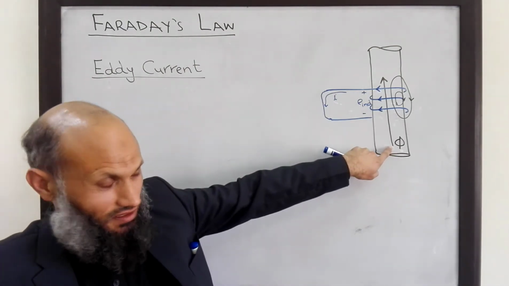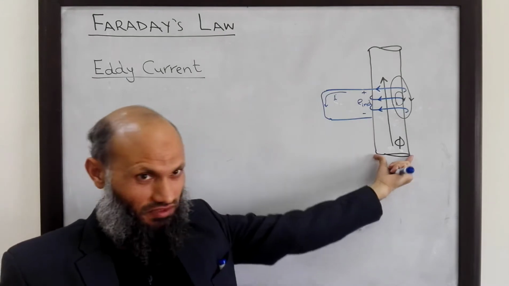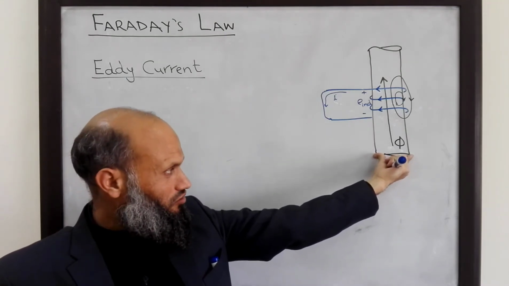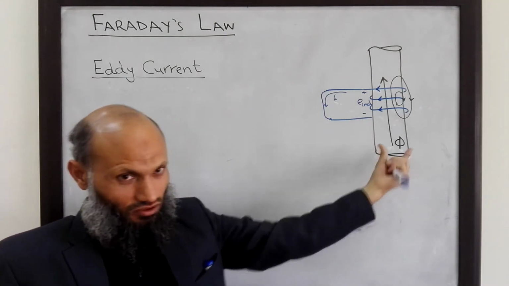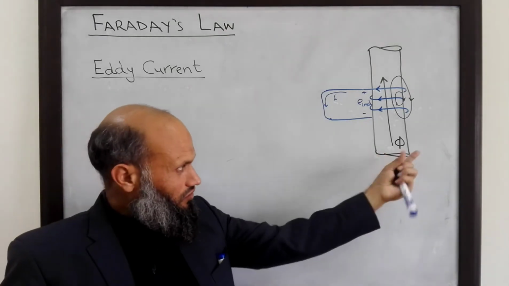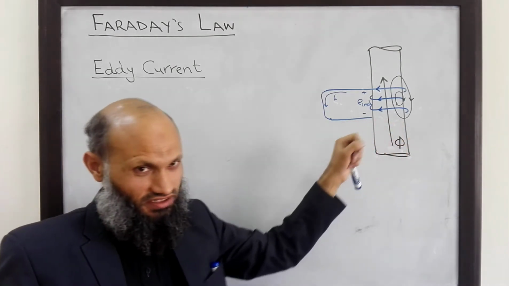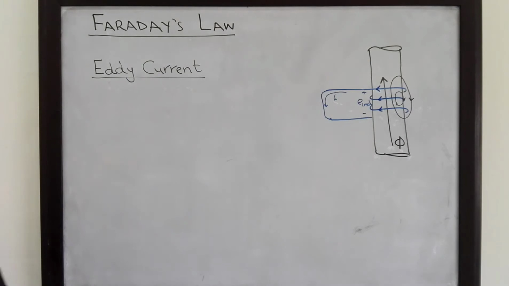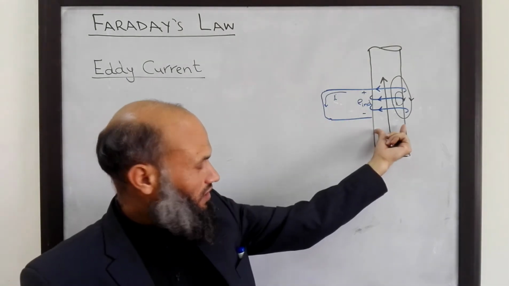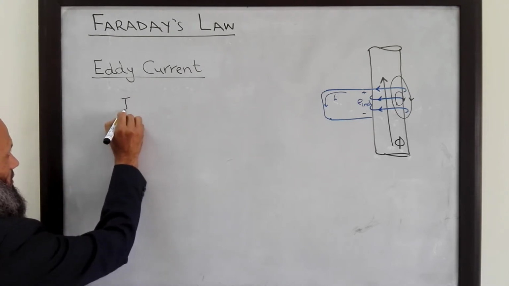This ferromagnetic core may also be a conducting material, and therefore this changing flux will also induce voltage in the core itself. And due to induced voltage in the core, current will start flowing in the core itself. And you know that when current flows through a resistor, there are I squared R losses.